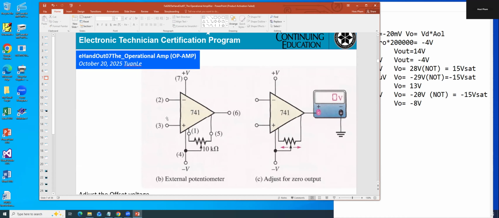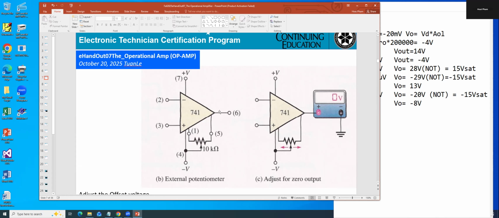Now, this is the op-amp. Input negative, input positive. If you connect both inputs to the ground, output is supposed to be 0. However, sometimes the output gets 10 millivolt. That's what we're talking about: offset voltage. Input 0, output must be 0, but it's not 0.